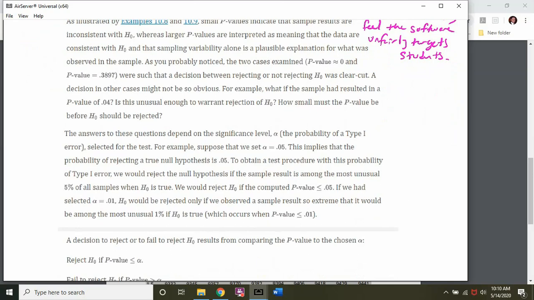This implies that the probability of rejecting a true null hypothesis is 5%. 5% of the time we'd be wrong. To obtain a test procedure with this probability of a type 1 error, we would reject the null hypothesis if the sample result is among the most unusual 5% of all samples when the null hypothesis is true. We would reject the null hypothesis if the computed p-value was less than or equal to 5%.